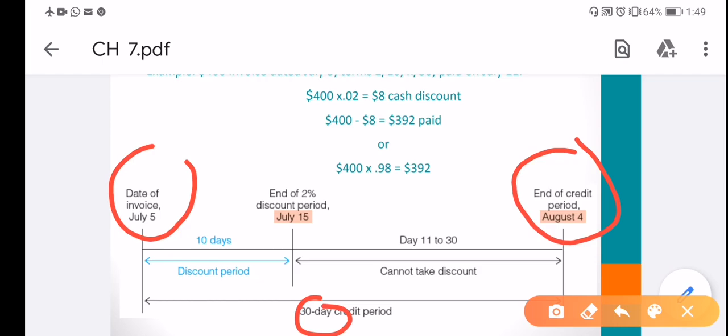And 2/10 means you take this 2% as a discount within the first 10 days. So starting from 5, plus 10, it will end on July 15. From 5 to 15, this is the 10 days where you can get this 2% discount.